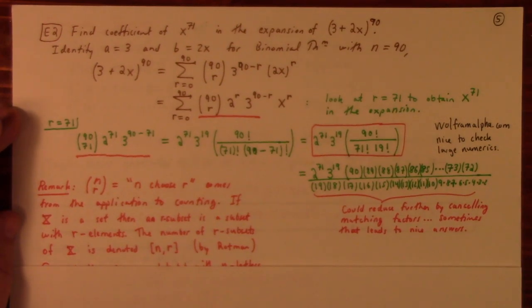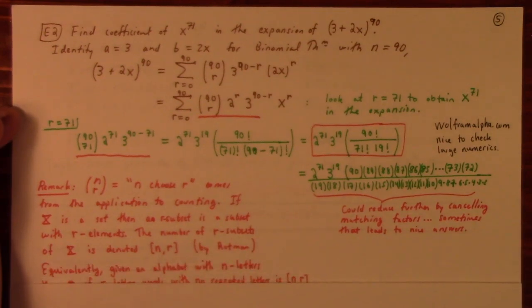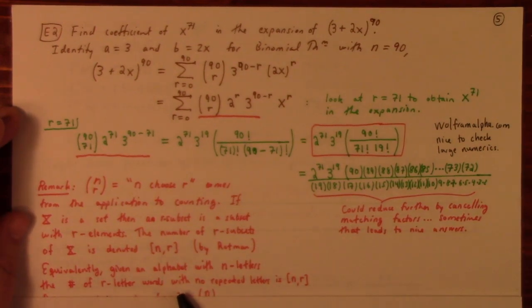In short, if X is a set and an r-subset is a subset with r elements, then the number of r-subsets of X is denoted by n comma r. This is Rotman's notation. All right, and you could also think about an alphabet with n letters. The number of r-letter words with no repeated letters is also n, r.